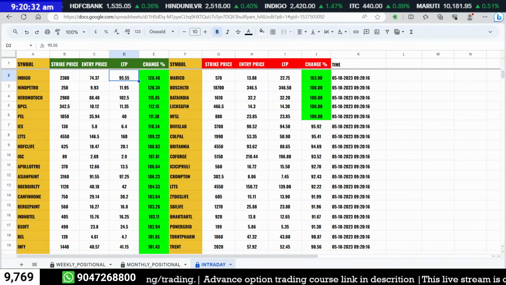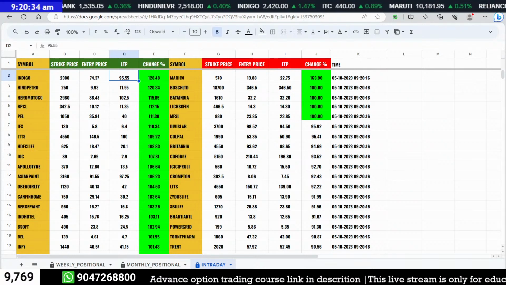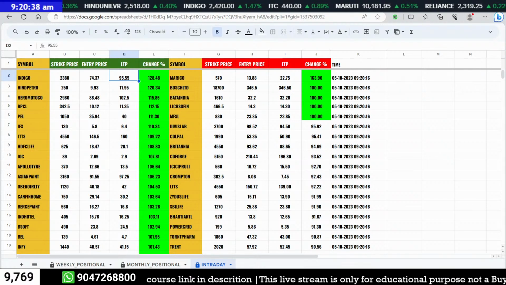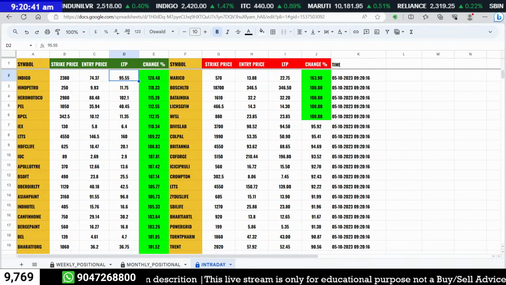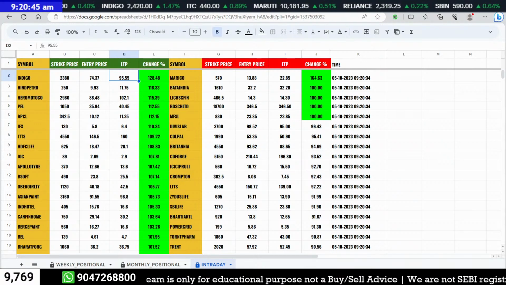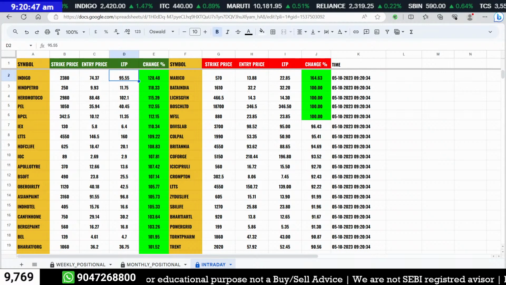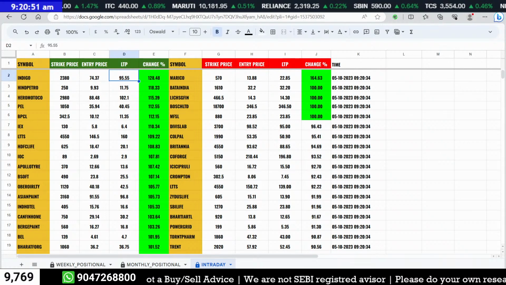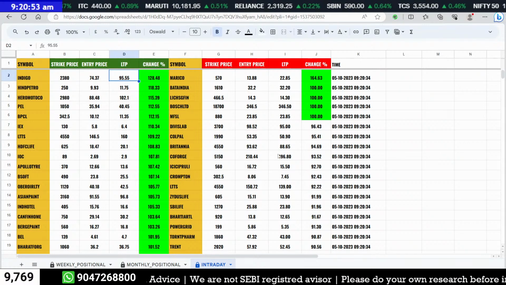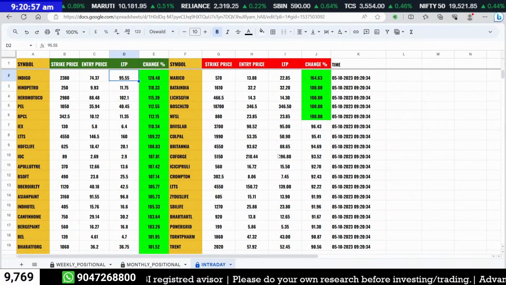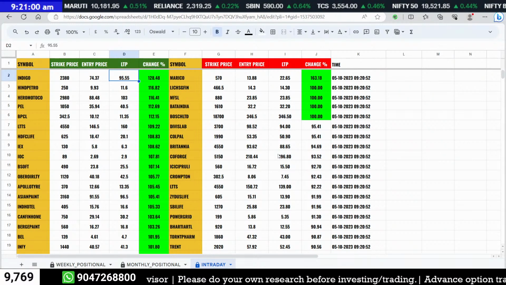Hero Motor Corp is also slightly moving, PEL is moving. So we have to wait. After 9:30, we will easily find a lot of opportunity.